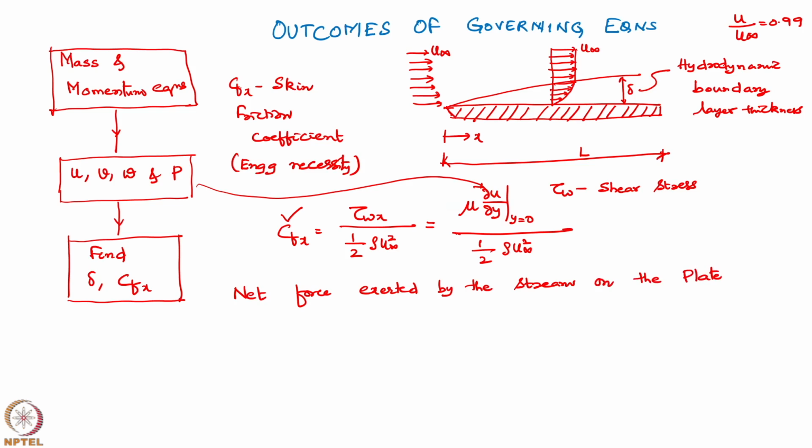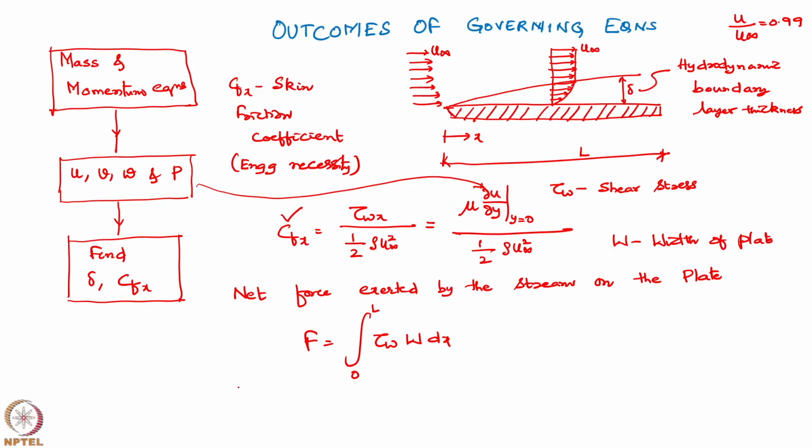The net force exerted by the stream on the plate is F equal to the integral of tau into area, W dx, where W is the width of the plate, perpendicular to this board. The integral runs from 0 to L, where L is the length of the plate. So, you get this drag force.